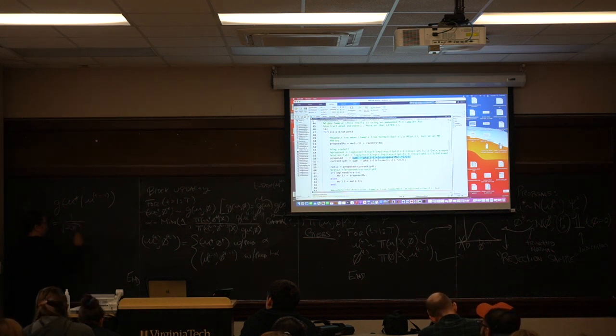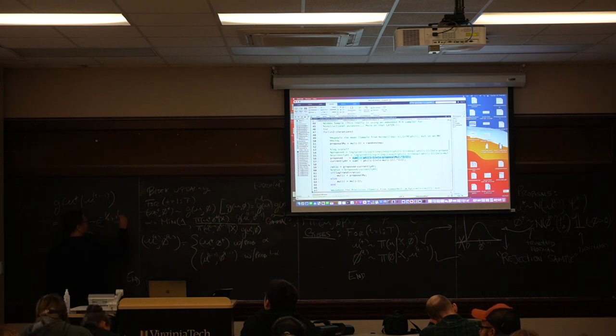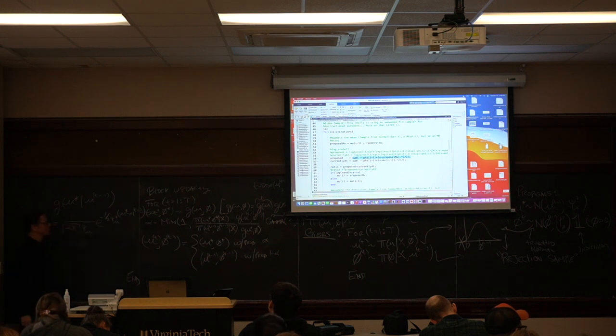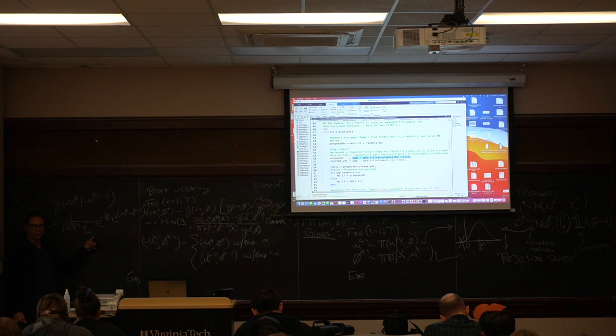The root 2 pi's won't matter; you see that in the ratio, they'll cancel out. I've got my tuning sort of thing, e to the minus 1/2, psi squared mu down there, and then mu star minus mu t minus 1 squared. So that's what my proposal looks like.